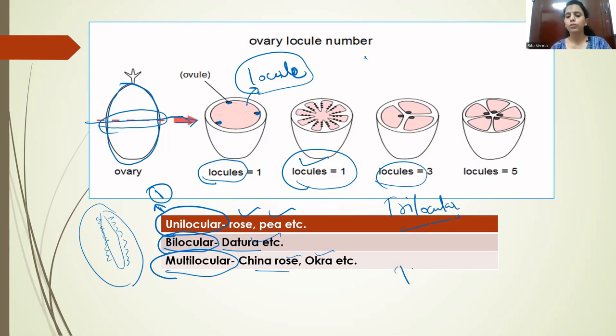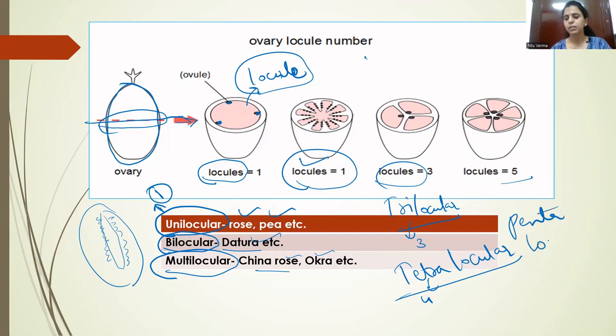Ovary with 4 locules is called tetralocular. Tetra means 4, tri means 3, and ovary with 5 locules is called pentalocular. So trilocular, tetralocular and pentalocular are examples of multilocular ovary.